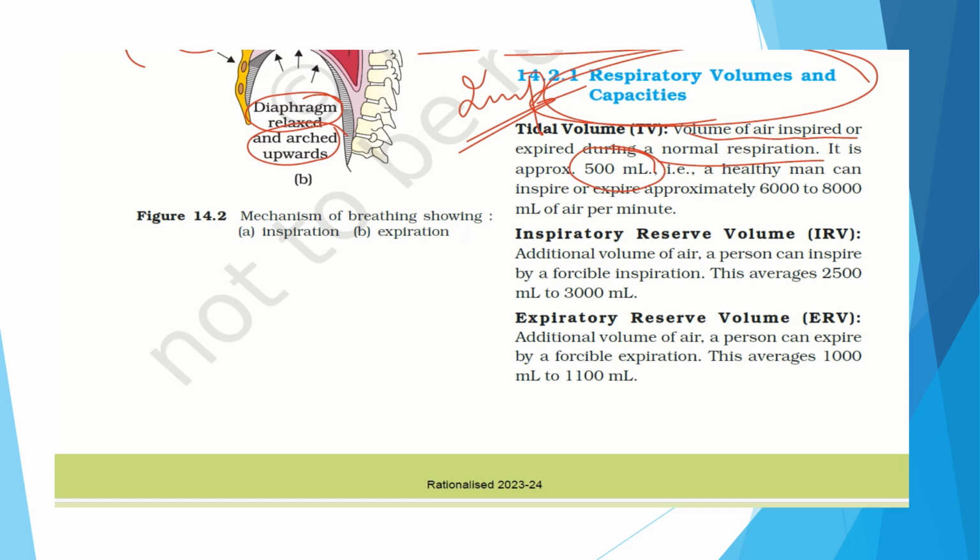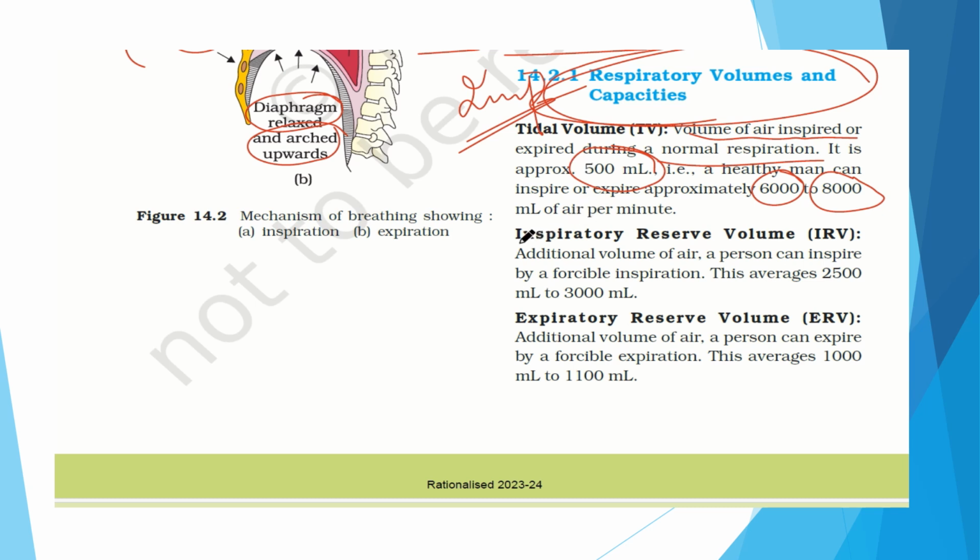A healthy man can inspire and expire approximately 6,000 to 8,000 ml of air per minute.